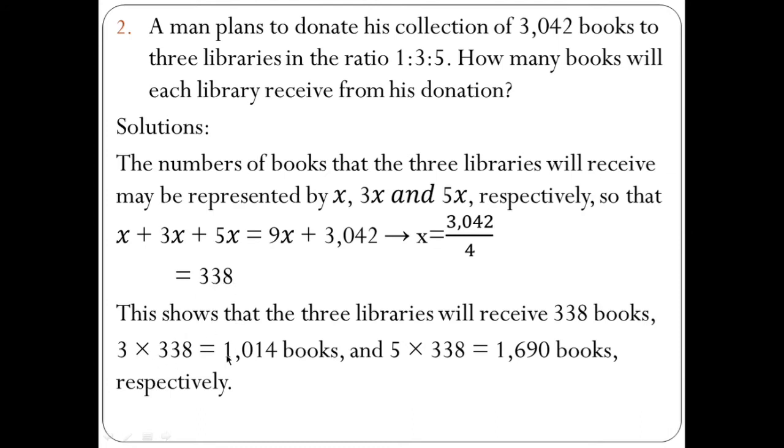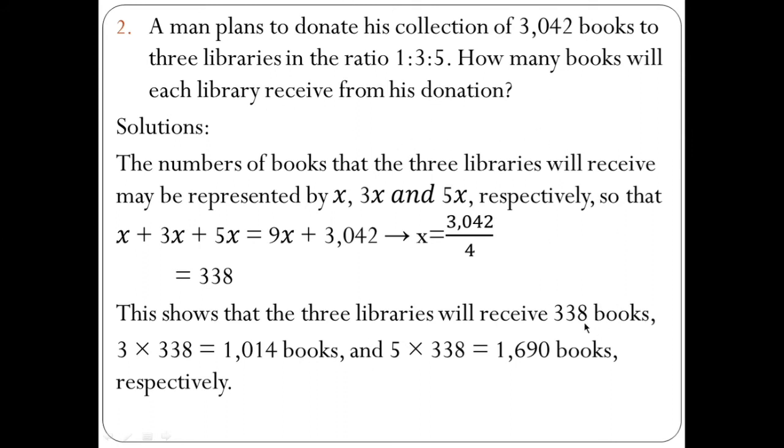So, the library will receive 1,014 books. And yung 5, multiply lang natin by 338. So, this will receive 1,690 books respectively. Pag in-add natin lahat, 338 plus 1,014 plus 1,690, the result will be 3,042 books. Okay, so ito po yung each library will receive.